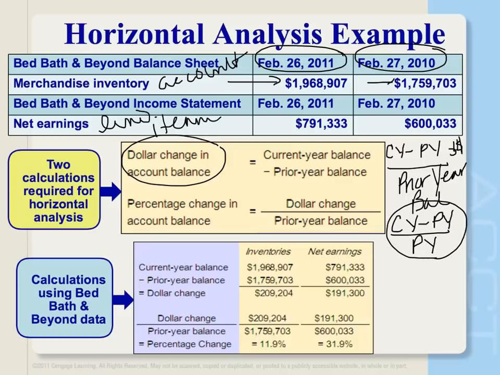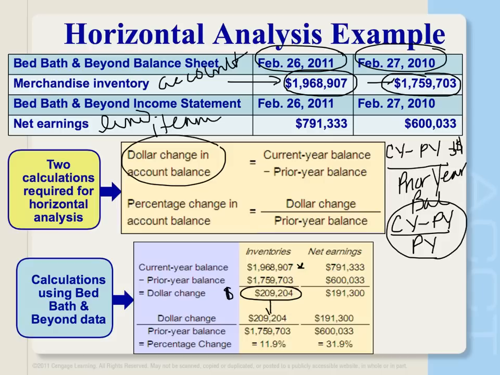So let's take a look at that as far as the inventory line items. The current year, you can see up here, is $1,968,907. You can see that right here. And we're going to take the prior year balance, which is $1,759,703. And the difference between those two gives us the dollar change.